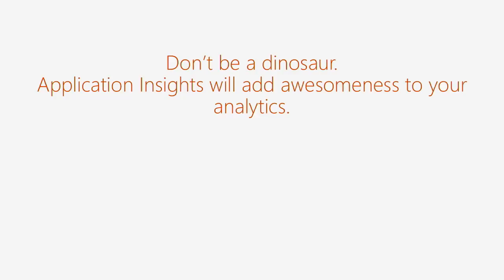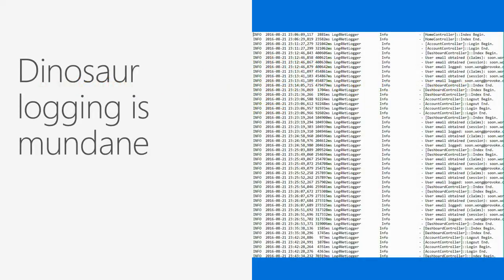So I'm going to start with a question. How many of you are developers in the room? Raise your hands. Keep your hands up, how many of you have done this? The obligatory wall of text where you know exactly what's going on, but it's a pain to drill down and see where exactly something's gone wrong.